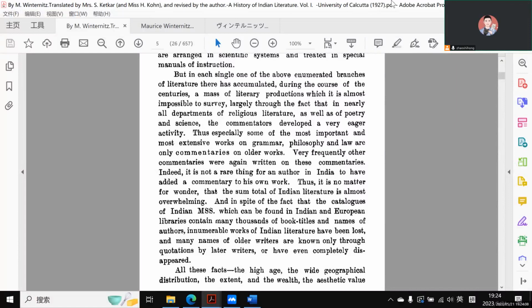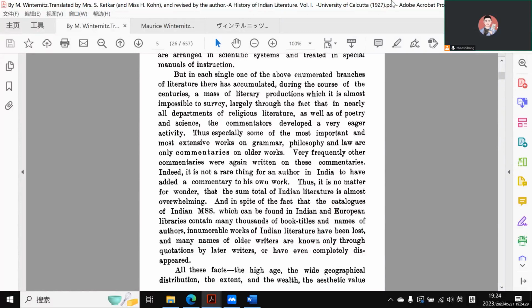That means including all four Vedas or three Vedas: Rig Veda, Samaveda, and Yajurveda, and also their corresponding Brahmanas, Aranyakas, and Upanishads.